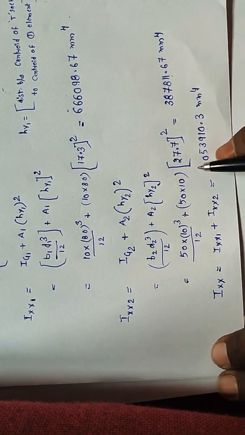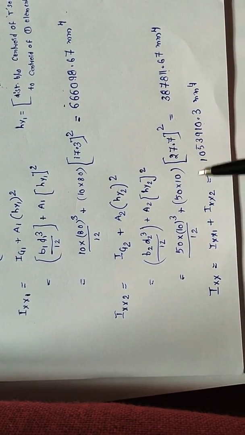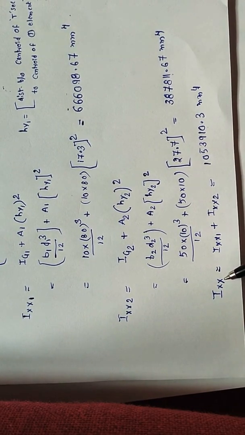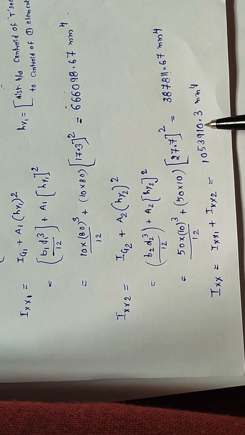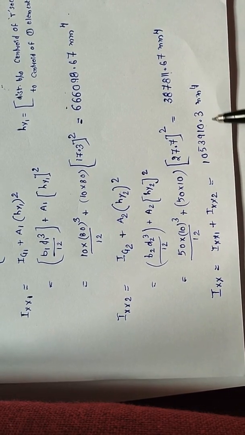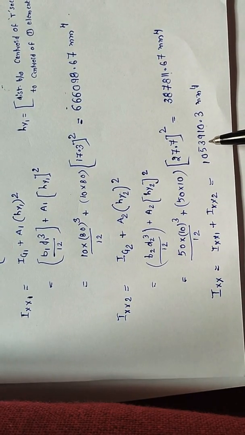So moment of inertia of that T section about centroidal x-axis is 1053910.3 mm to the power of 4. So about centroidal x-axis we calculated this moment of inertia.